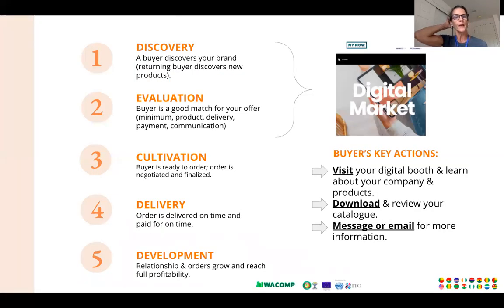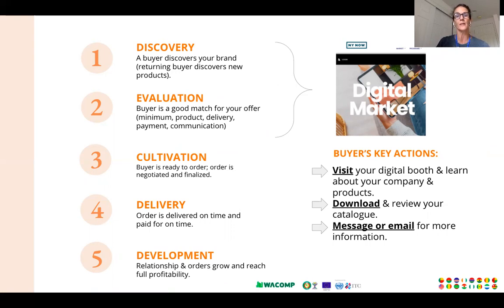So an event like that, a lead generation event, what you want to do is define where it stands in your customer's journey. A digital market like the West Africa Connect event, or also the New York Now event, is really going to play a role in these first 2 steps of a customer's journey.